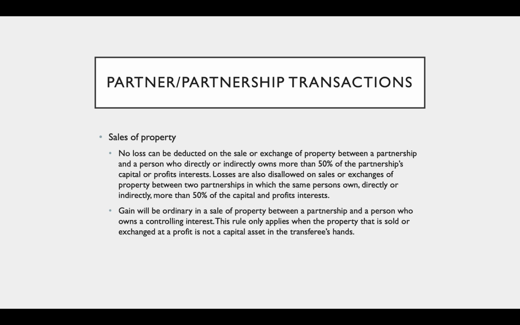Losses are also disallowed on sales or exchanges of property between two partnerships where the same person owns directly or indirectly more than half of the capital and profits interest. Gain will be ordinary in a sale of property between a partnership and a person who owns a controlling interest, not capital. This rule is only going to apply, though, when the property that's sold or exchanged at a profit is not a capital asset in the transferee's hands.